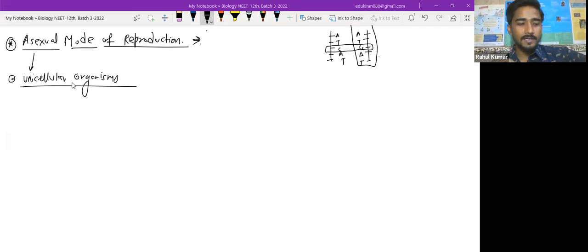As I told you, there are some processes that mimic or are equivalent to a sexually reproducing organism, but at the chromosome level, not as a process. So they do not undergo mate selection, transfer of gametes, or gametogenesis. But as I told you, there are certain processes by which variations can still come in.